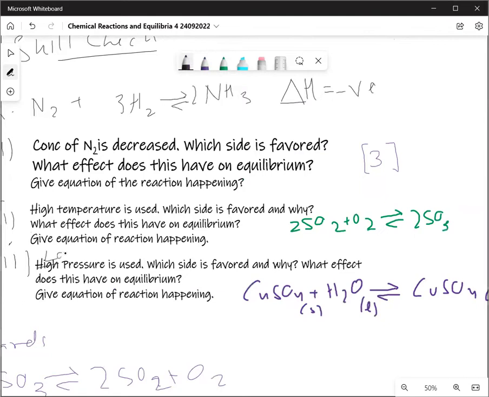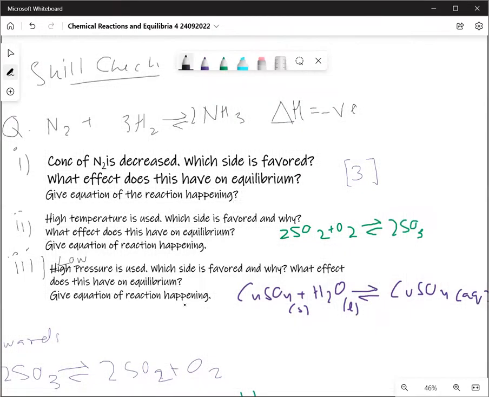For this, we will write high temperature. So how will we write it? You will check, is it endothermic or exothermic? So based on Le Chatelier's principle, high temperature, it will favor endothermic.